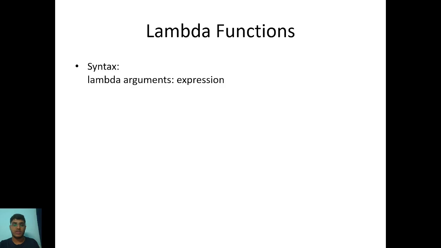Then we have the lambda function. A lambda function is a small anonymous function in Python. It is used to create simple functions in a single line without using the def keyword. It is called an anonymous function because it does not need a function name. What is a lambda function?